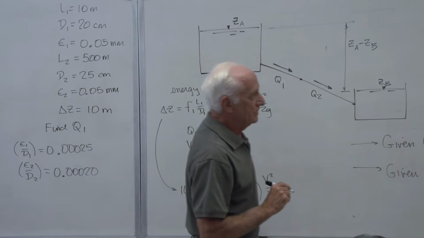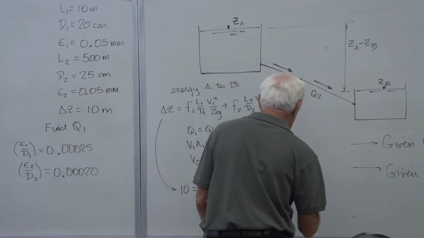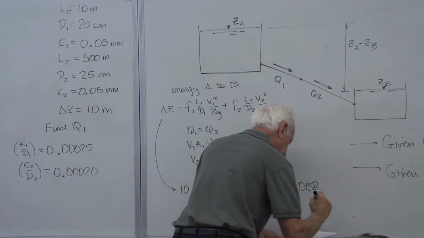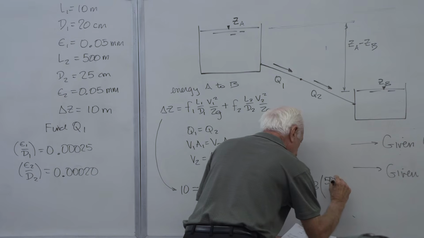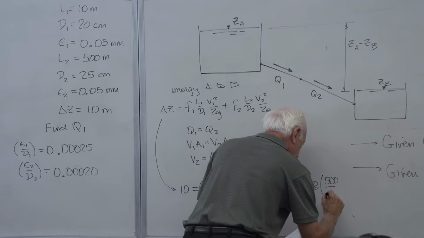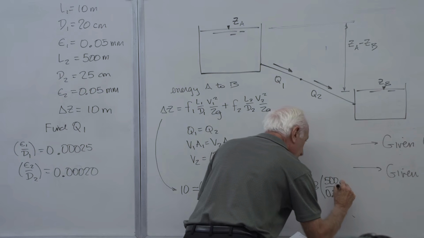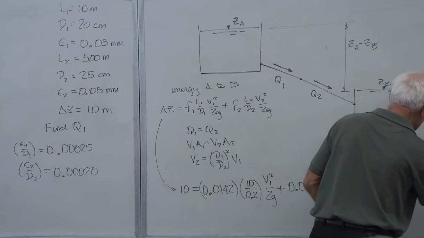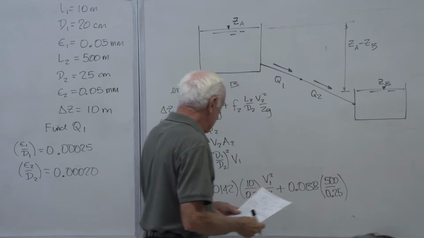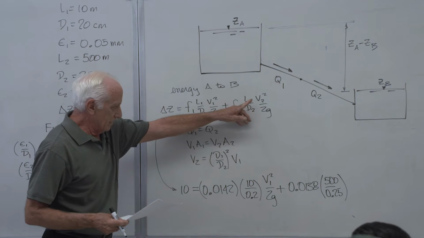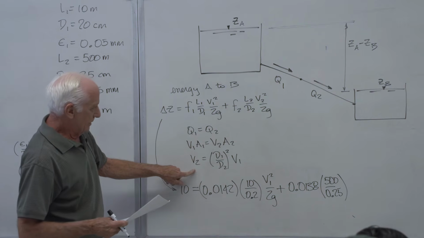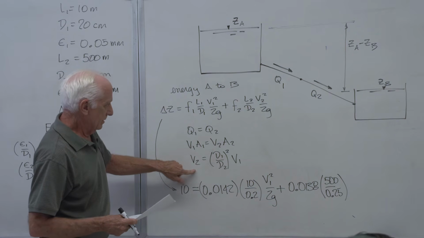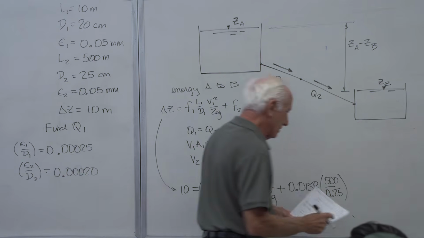Now I put in my first guess for F2, 0.0138, L over D. I don't want V2 in that equation, I want V1. V2 is the diameter ratio squared times V1, but the velocity is squared, so that becomes a fourth power now.